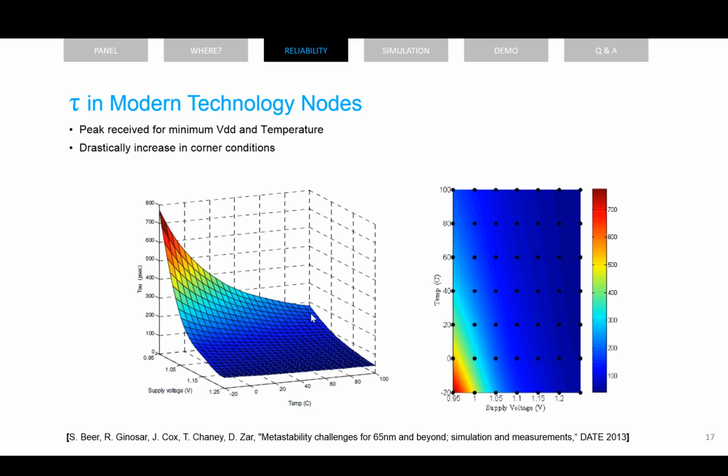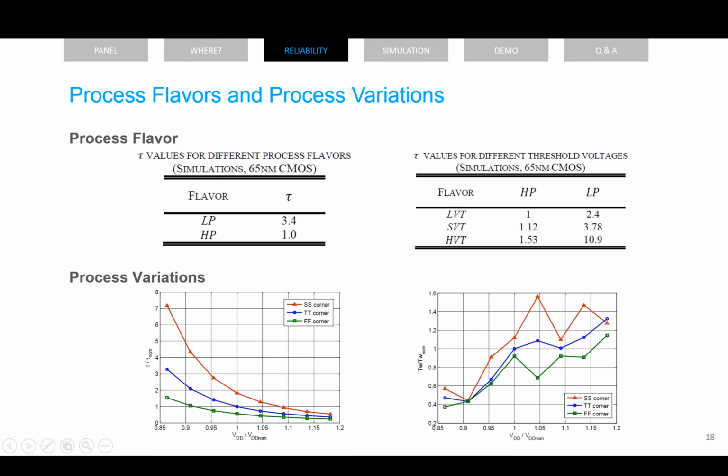So that's also something very important to take into consideration when designing or when evaluating different flip-flops.